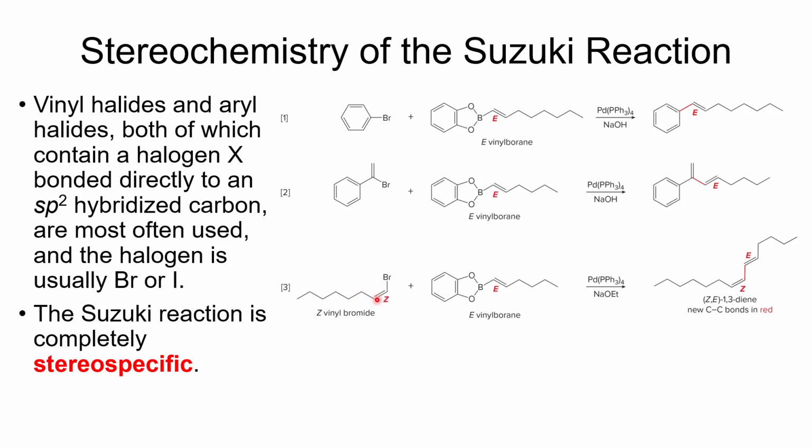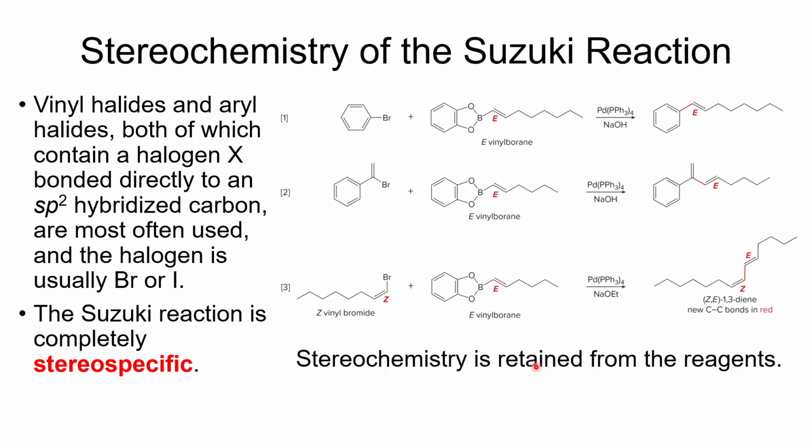If we have a particular stereochemistry on our vinyl bromide, this one happens to be Z, so it's a cis isomer there, and we combine it with this E, we're going to have Z for this one and E for this one. So the stereochemistry from our components is retained in the product. And that is a very, very cool feature.